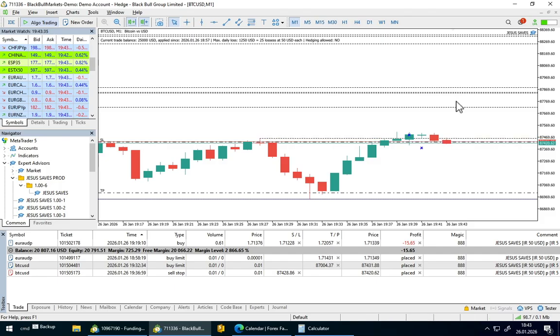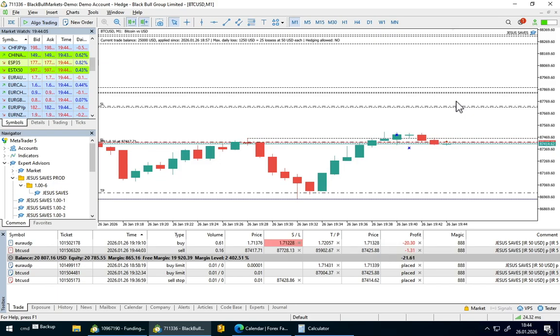Okay, now we will see what's happening. Aha, there we have the sell. And the lot size is 0.16, much smaller.